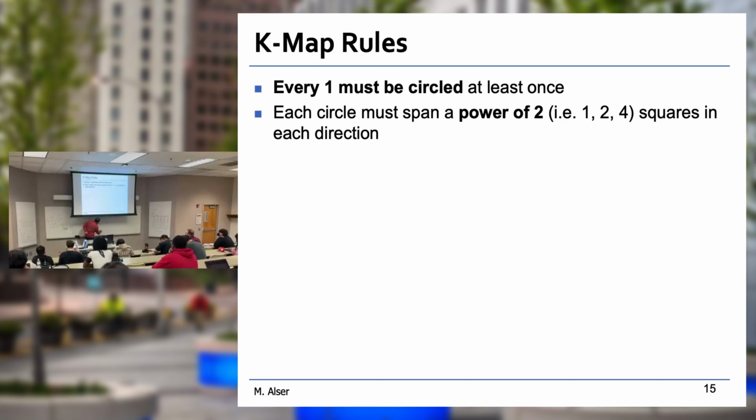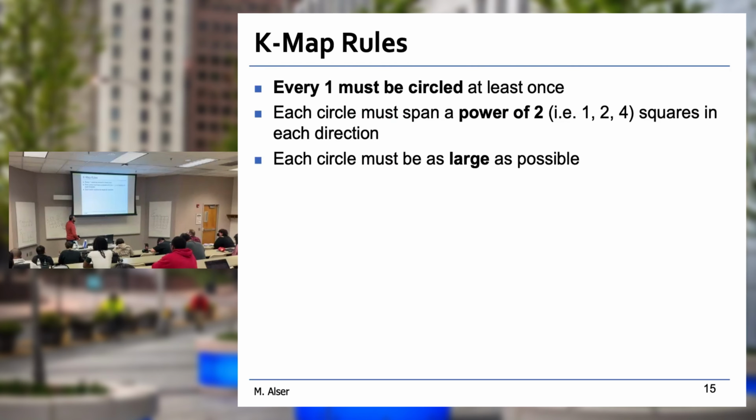So either it could be 1, 2, 4, 8, 16, and so on. So any circle you would make should have this many ones. So if I highlight any group in the K-map, it should have either a single 1, or 2 ones, or 4 ones, 8 ones, 16 ones. Okay, this is extremely important.